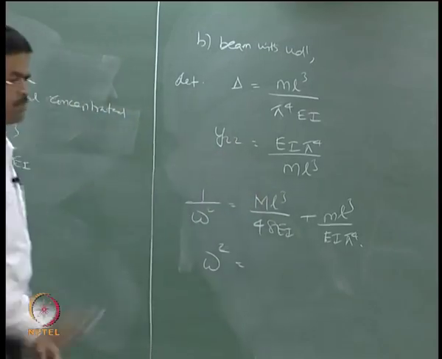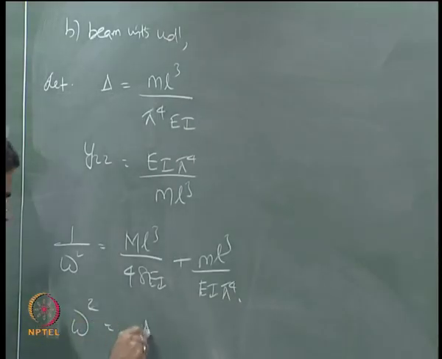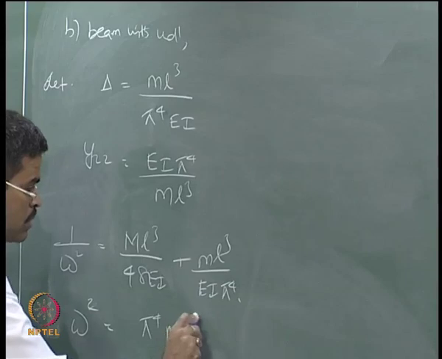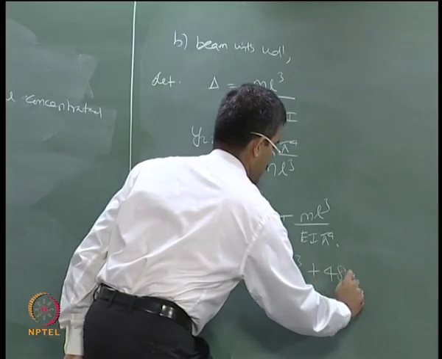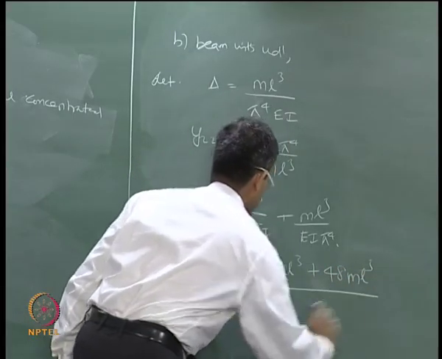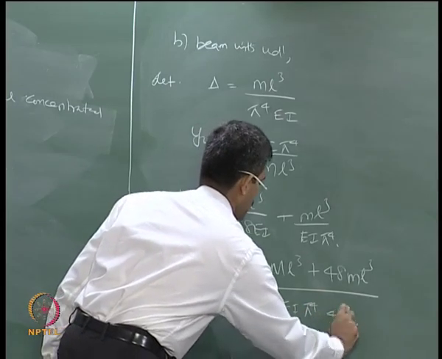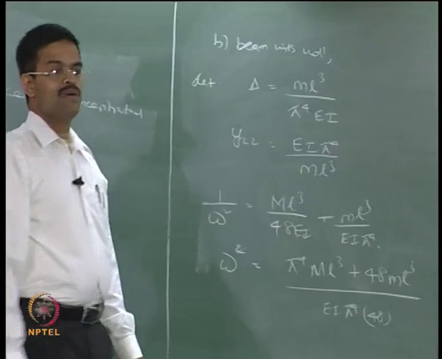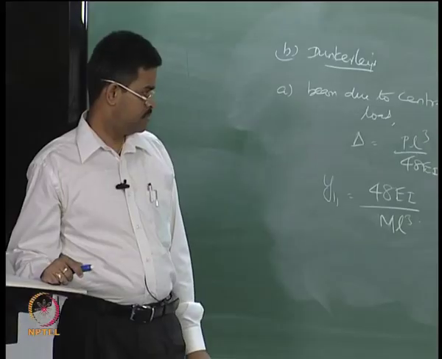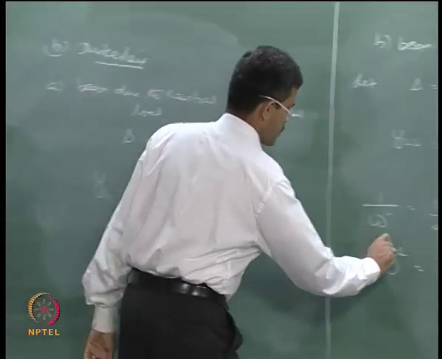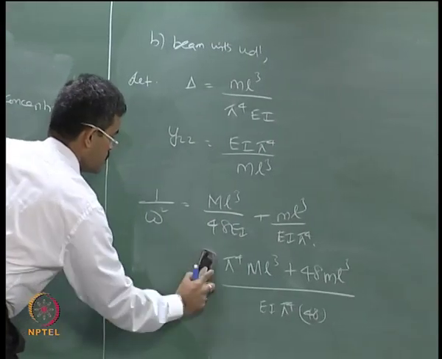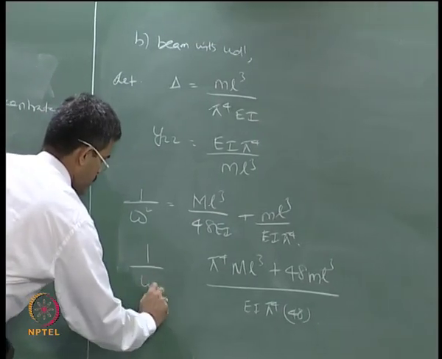square is now simplified as pi power 4 ML cube plus 48 ML cube by EI pi power 4 for 48. That is 1 by omega square.